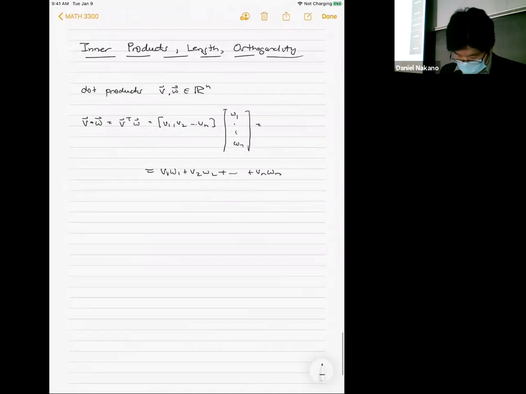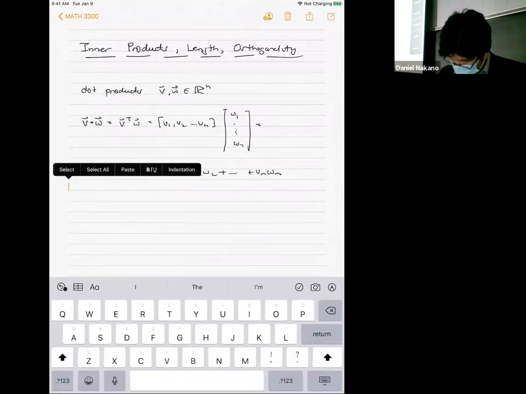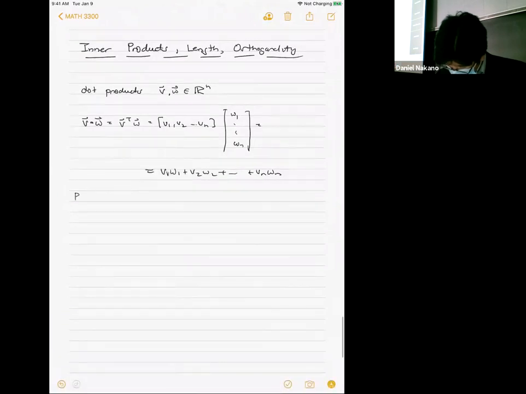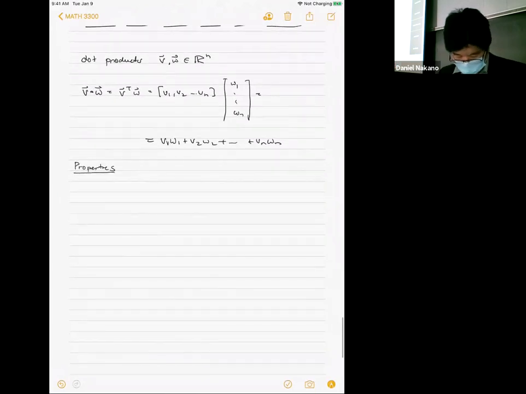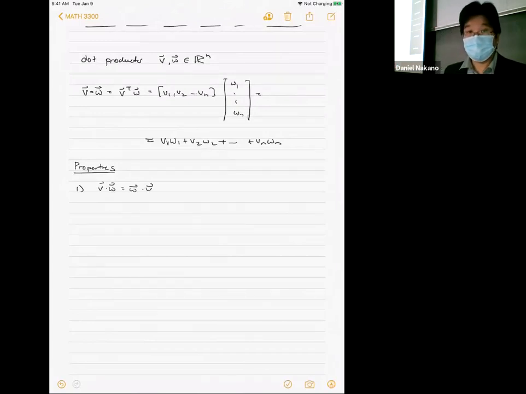So what are the properties of the dot product? These come from the matrix multiplication properties. When I take the dot product of V and W, it's the same as the dot product of W and V. You can see this from the formula: if I interchange the V's and the W's, I get the same answer.